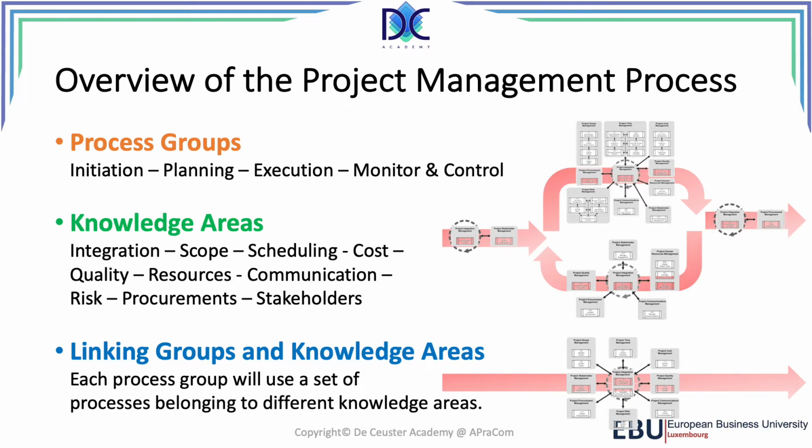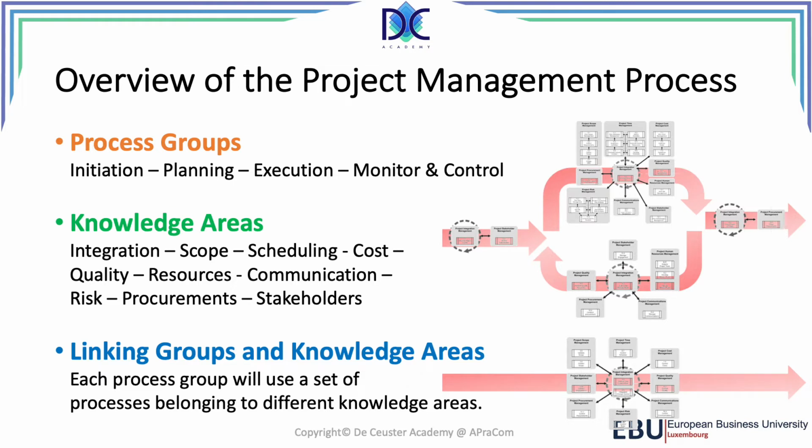And we also have to look at the knowledge areas. When you look at these different elements, you see all the different processes that are linked to specific knowledge areas, and that are linked to a specific process group. So basically, we find all these links. There is a picture in one of the other presentations where you can find all these elements together.